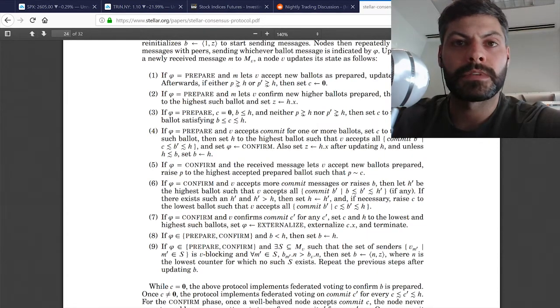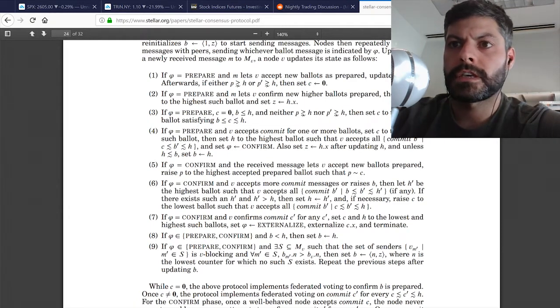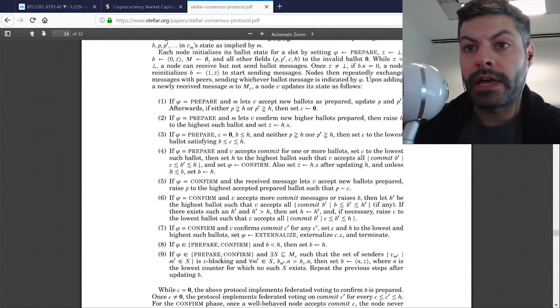If φ is an element of the set {prepare, confirm}, and there exists S, which is a subset of M_v, such that the set of senders of all elements v, m′, for which m′ is an element of S, is v-blocking, and for all m′ in S, m′.b.n is greater than b_v.n, then set the tuple (n, z) assigned to b, where n is the lowest counter for which no such S exists. Repeat the previous steps after updating b.